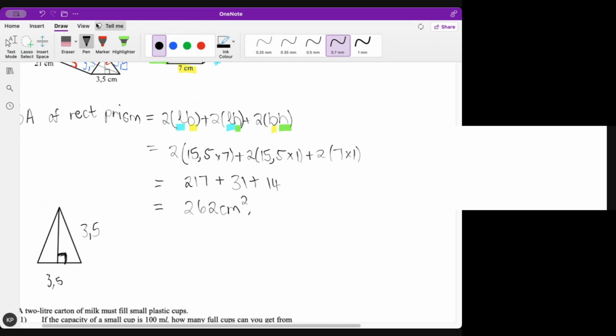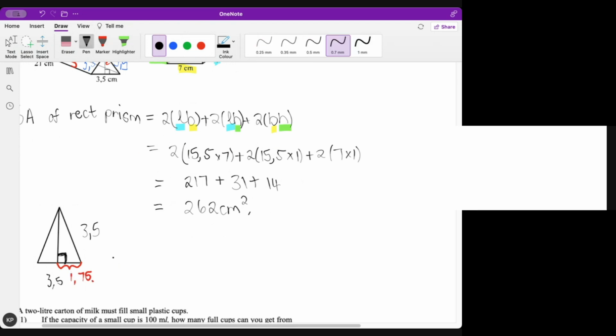What is the dimension of this little space over here? Because we're using the small triangle. We can't use the big one because it's not a right angle triangle. What will it be? 1,75. Thank you.